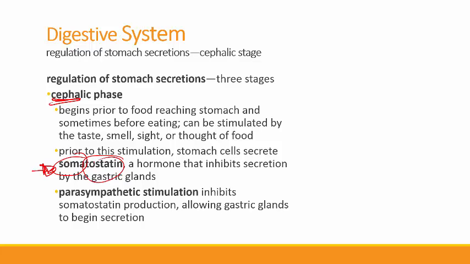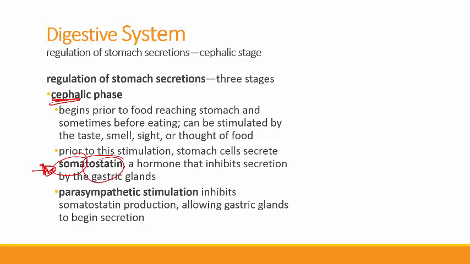So this is keeping the stomach from producing acids or enzymes that it doesn't need to be producing at that moment. But as we think about food, as we smell food, as we see the food set out on the table, then parasympathetic stimulation from the brain will inhibit the release of somatostatin. So we stop producing somatostatin.